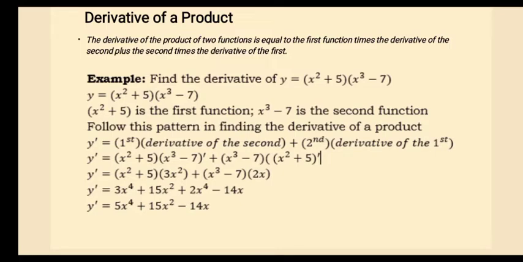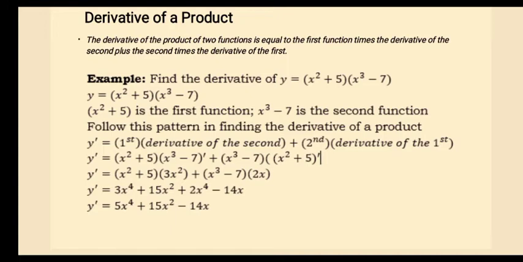So our first term here is x squared plus 5 times the derivative of the second, so multiplied by x cubed minus 7 prime, plus the second term. So the second term is x cubed minus 7 multiplied to the derivative of x squared plus 5.